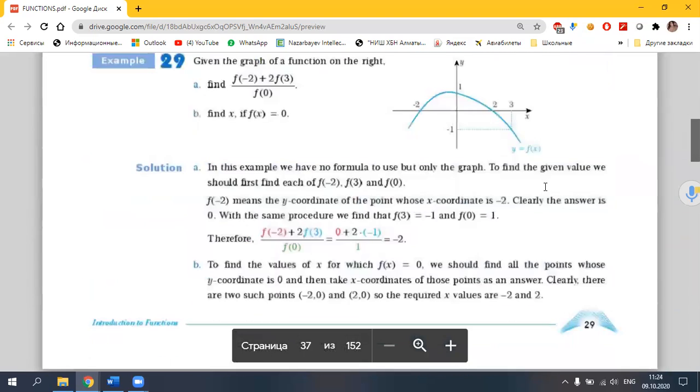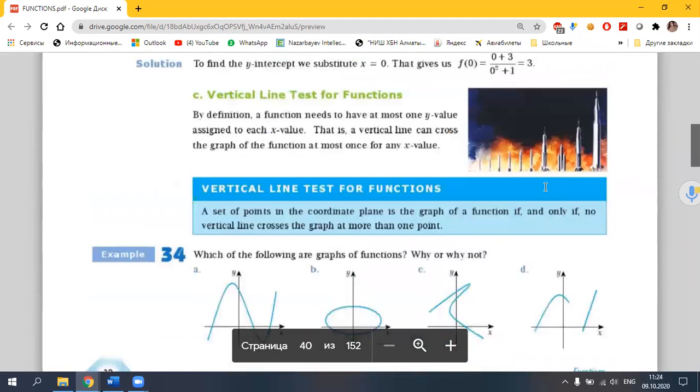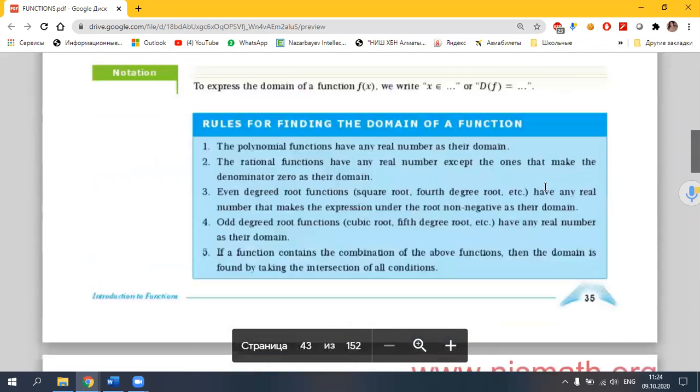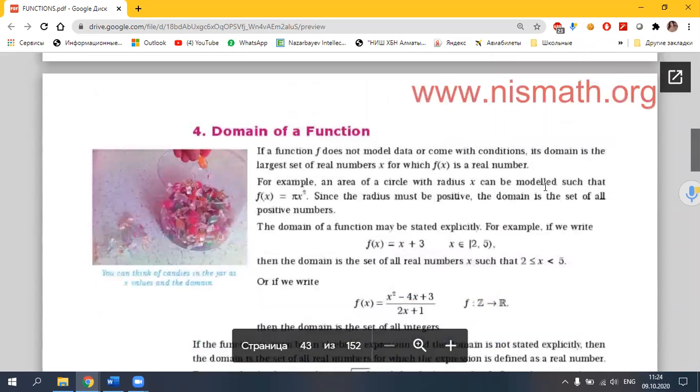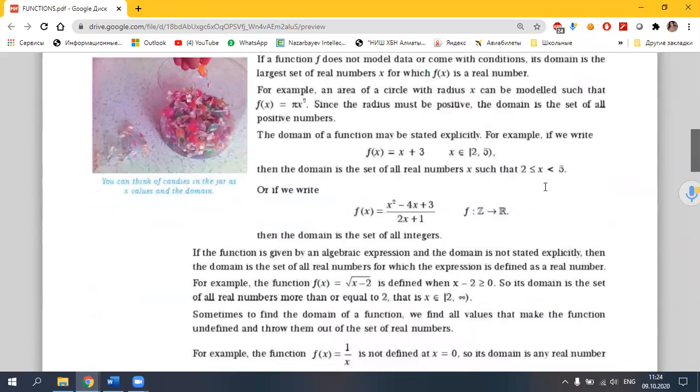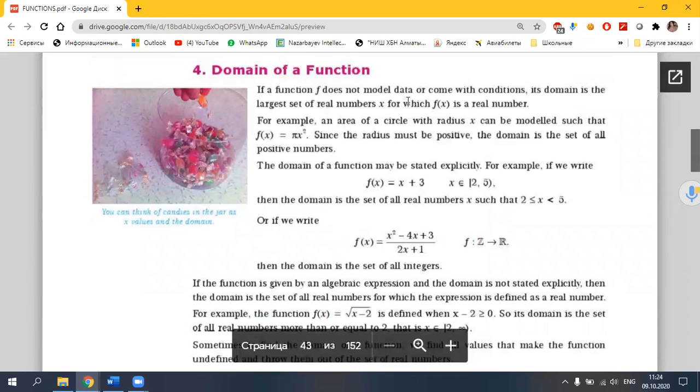Анықталу облысына кеттік. Не ол анықталу облысы деген x-ның қабылдайтын мәндері. The number x which f of x is a real number.